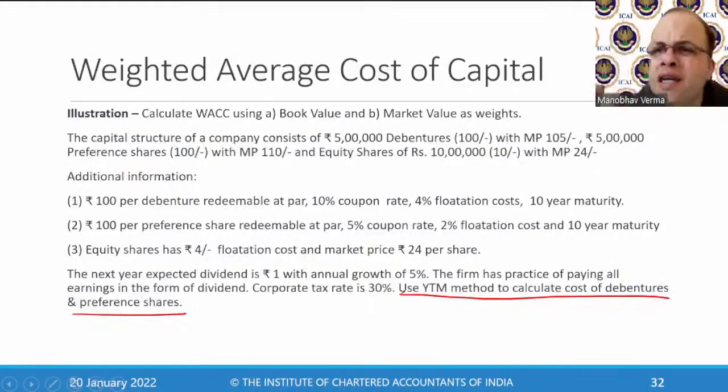What was the crux of the YTM method? How did we talk about two rates from the last class? Does anyone remember? We use an IRR formula, if you guys remember. So this involves a little bit of calculation. How did we select two rates?